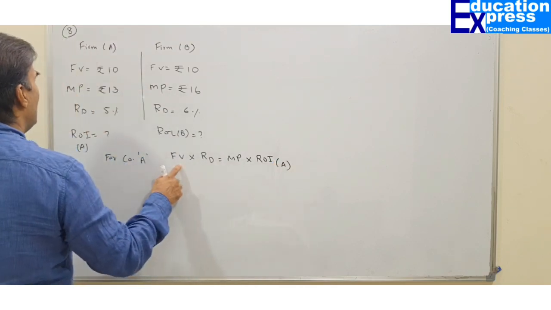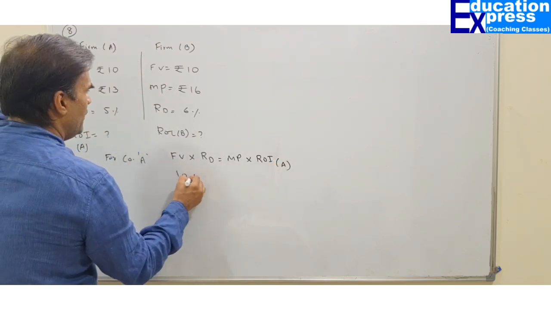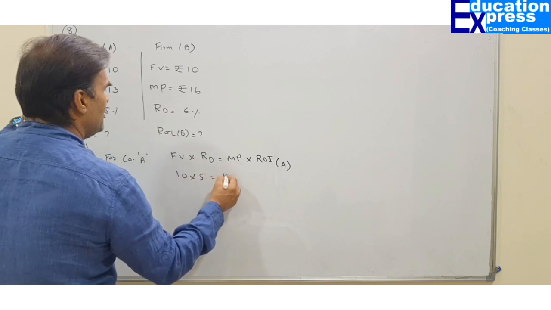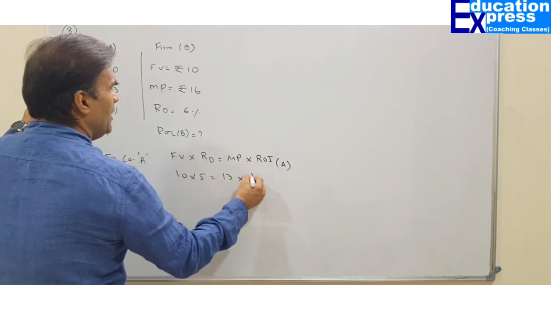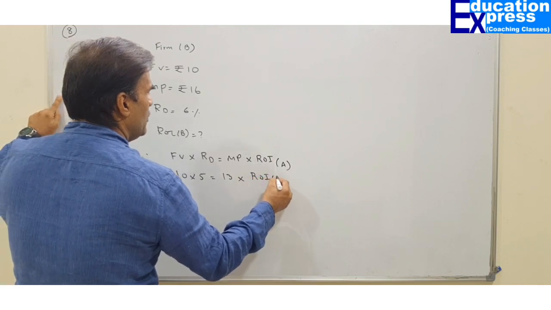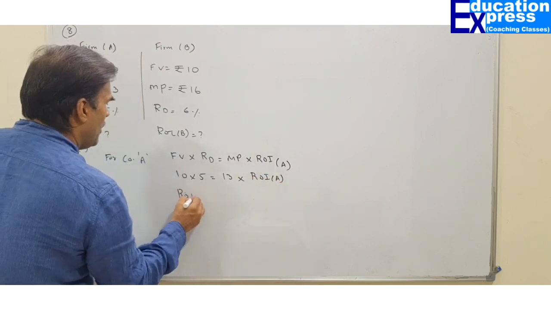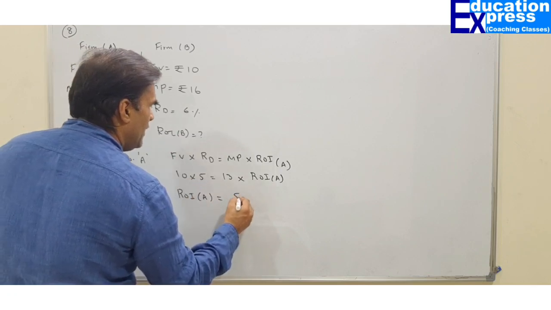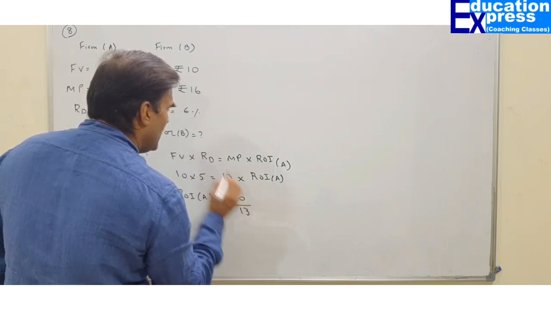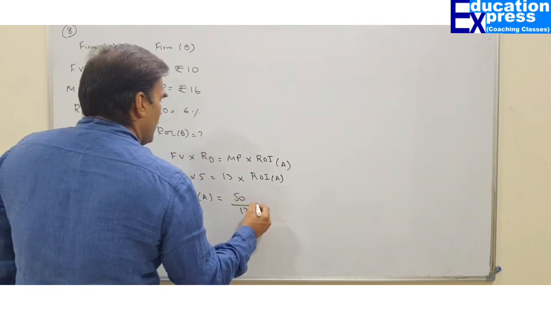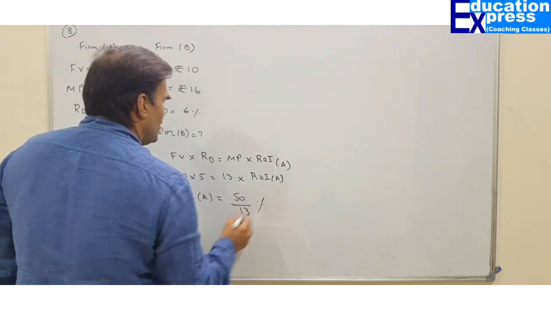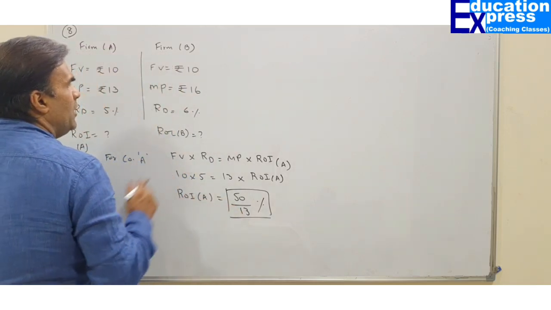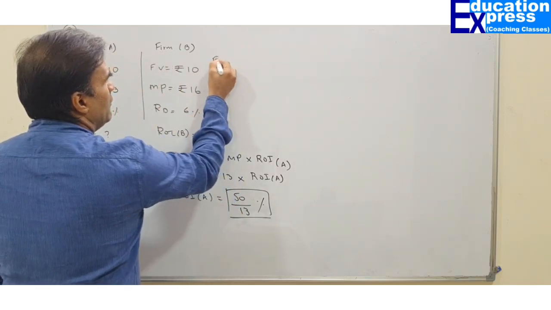So what is the face value? So face value is 10. Rate of dividend 5. Market price 13. So sir, ROI of A would be 50 upon 13. Now 50 upon 13%, we will check what exactly this transpires into. How about for B?